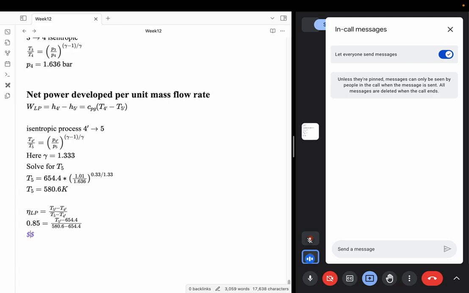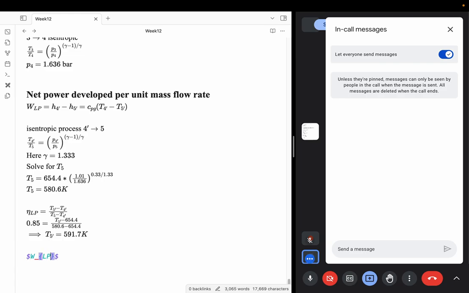So from this you can directly get T5 prime as 591.7 Kelvin.